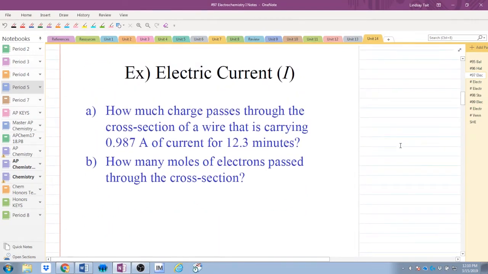It says: how much charge passes through a cross-section of a wire that is carrying 0.987 amps of current for 12.3 minutes? So we have an amperage, or a current. We have a time. They're asking us for charge. So we're going to go to the next slide where it's all blank for you to actually calculate this question.